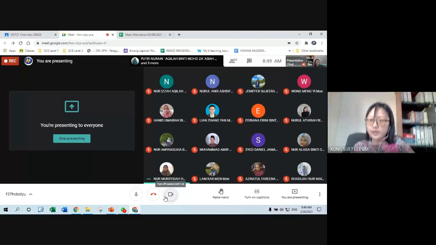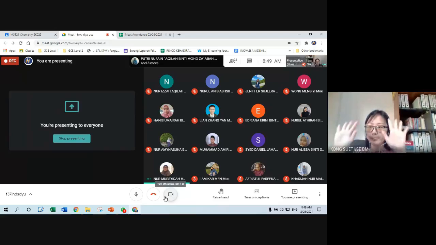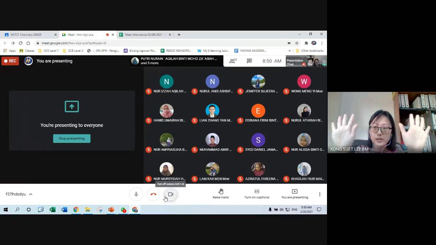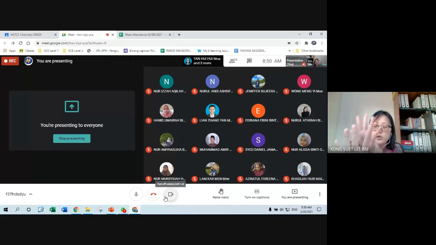Okay, class, can you see me? Nampak, madam. Okay, so mirror image is like our hand. Mirror image reflect, but it is not superimposable, means like this. Nampak tak? Dia tak boleh bertindih dengan rapat. Not superimposable. Okay, this one is mirror image, but not superimposable. You cuba buat macam ni. Superimposable ke tak?